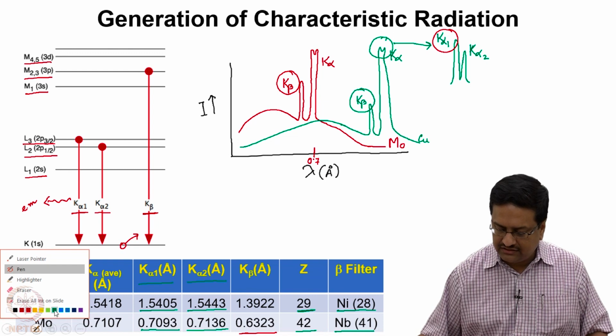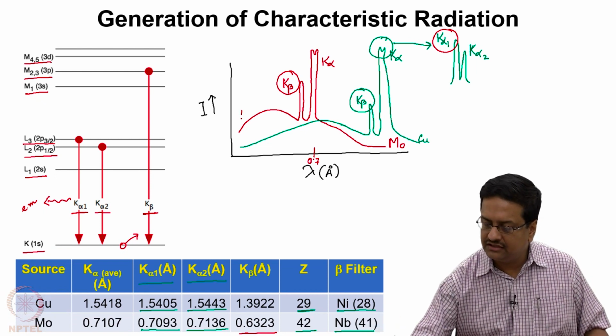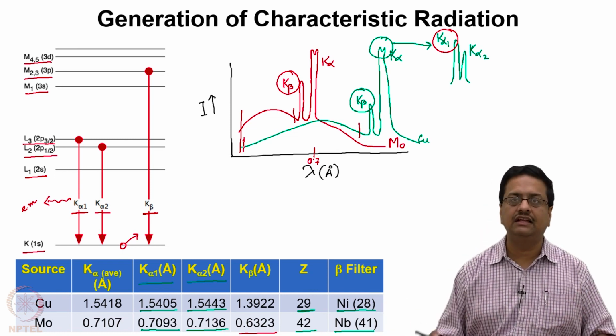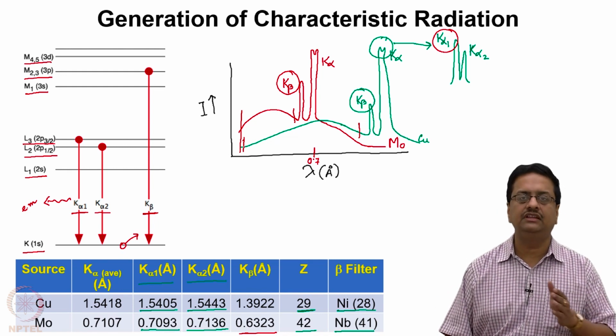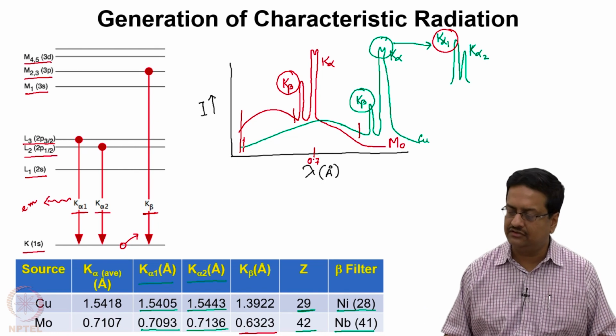When the electrons are decelerating, what we can see here, we have a region of continuous radiation in both the cases. This continuous radiation, as I indicated, comes from the braking of the electrons, that is deceleration of electrons.